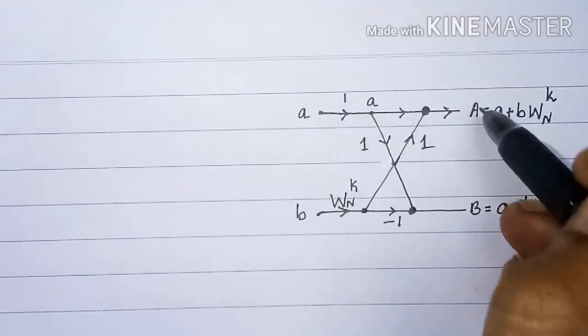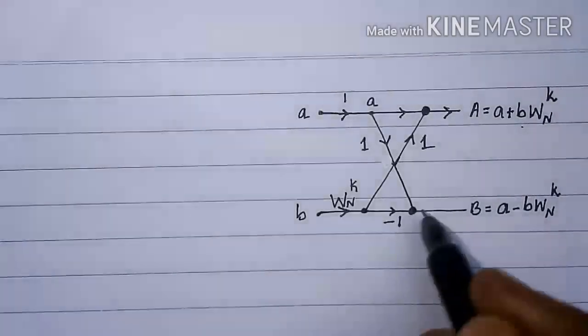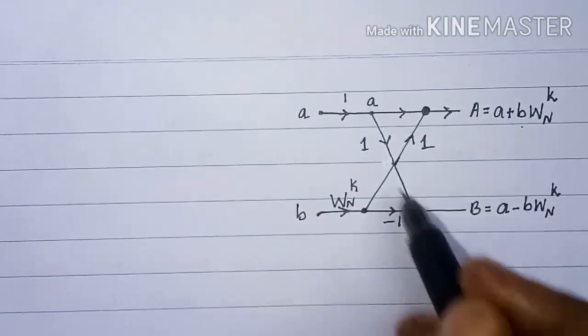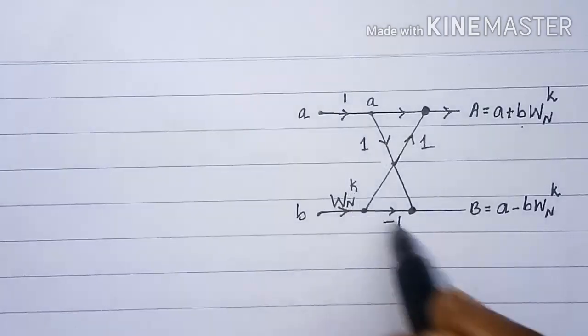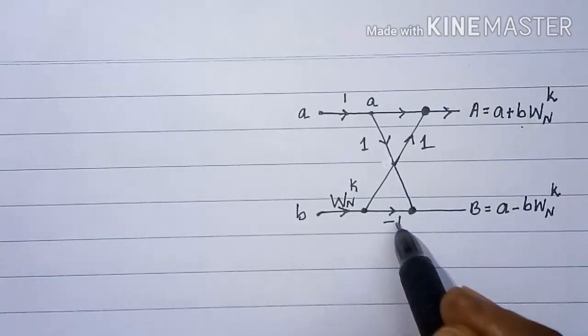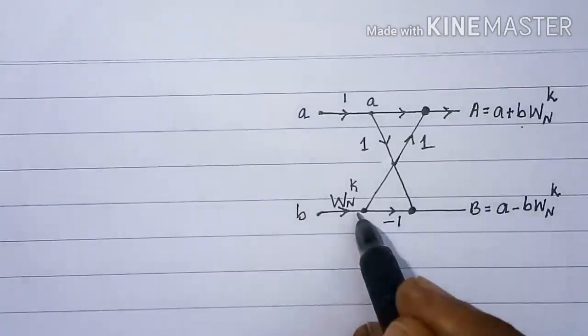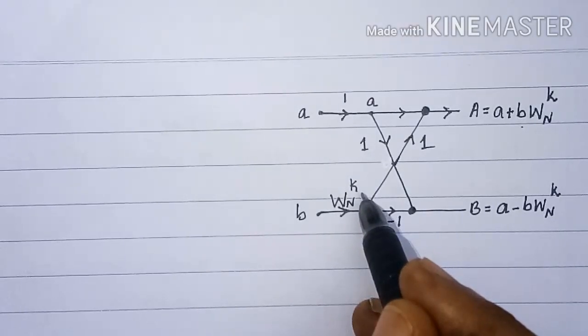That we have written as capital E. And here, A into 1 is A, and Wn to the power k into minus 1 will become minus Wn to the power k.